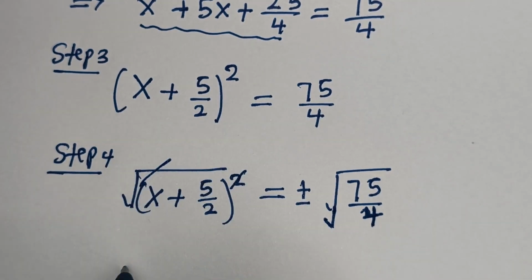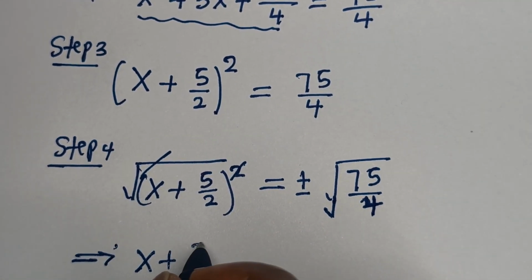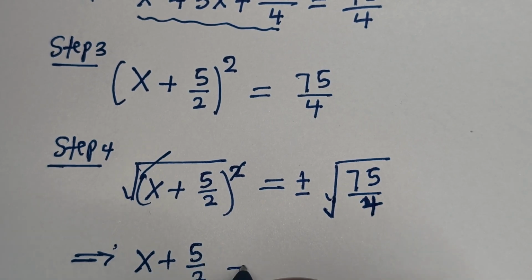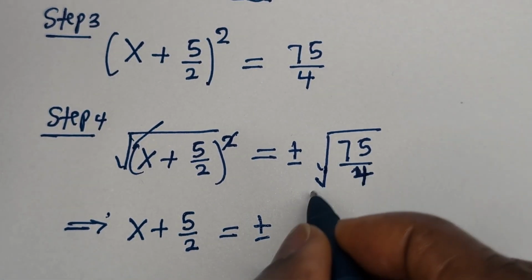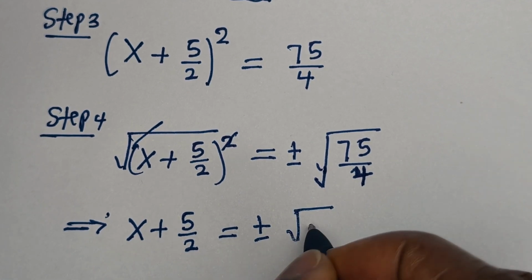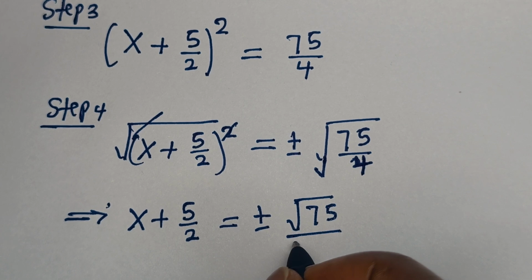This cancels this. x plus 5 over 2 is equal to plus or minus, this can be written as square root of 75 over square root of 4.